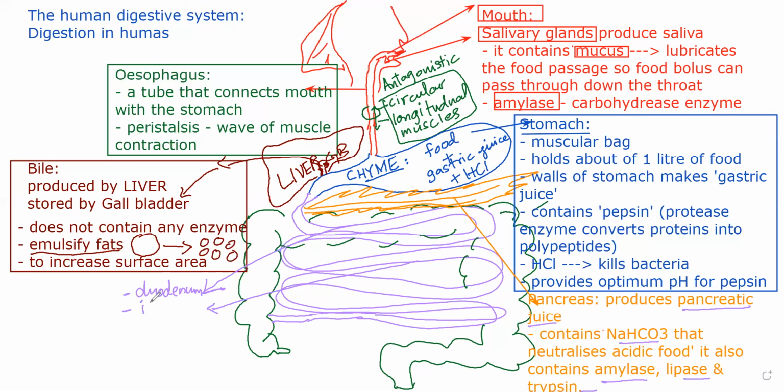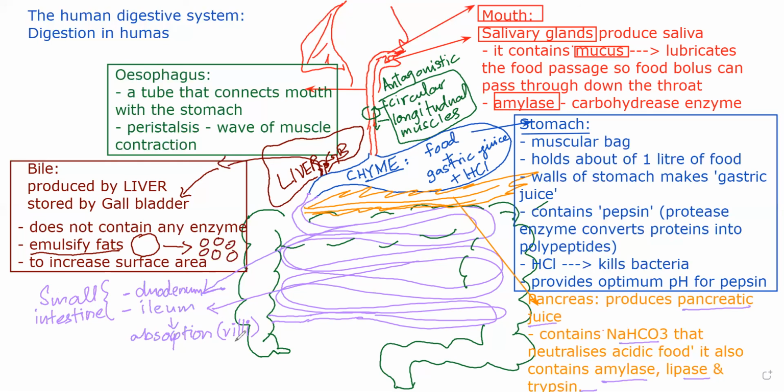In the ileum, absorption of these food molecules will take place. So I'm talking about the small intestine. In the next slide, I'll take you into the internal structure of the small intestine, where we will talk about villi, which help in absorption.